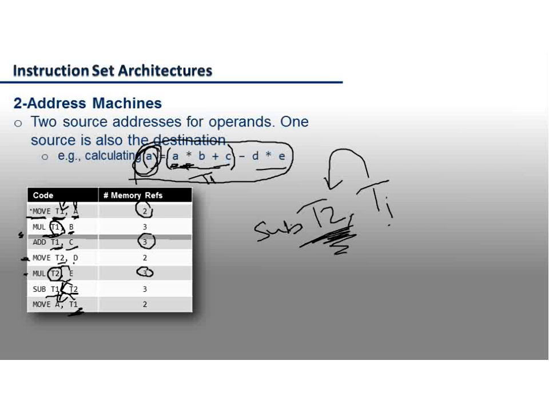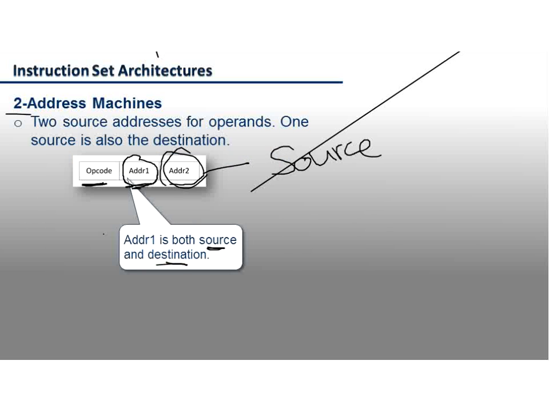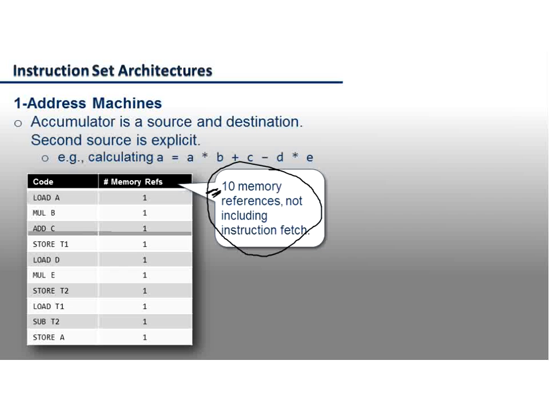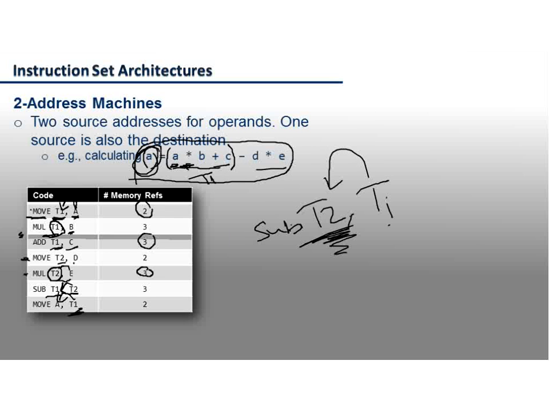But look what we've done. Here we had 10 steps. Instead of having 10 steps, we had only 1, 2, 3, 4, 5, 6, 7 steps.